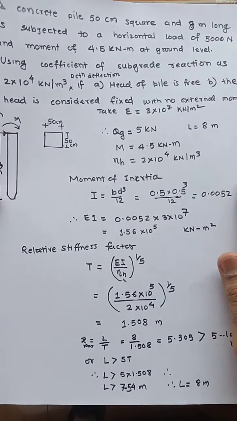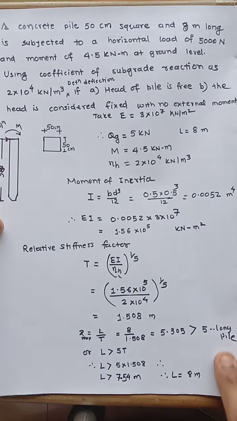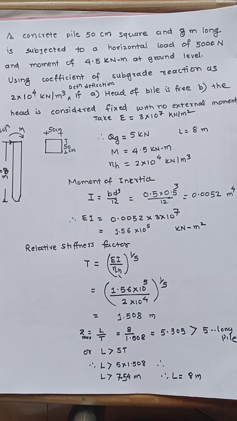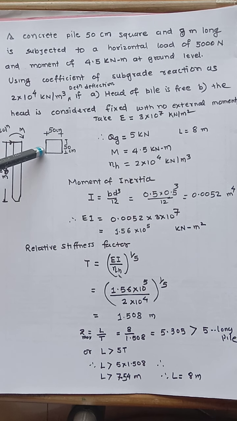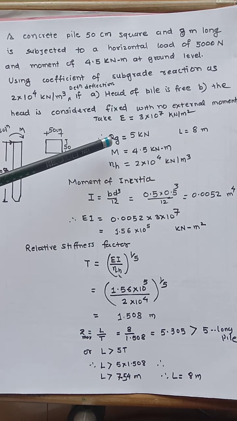Now let us solve some basic simple numerical initially. A concrete pile, 50 centimeters square in size and 8 meter long in total, is subjected to a horizontal load Qg of 5 kilonewton and an external moment of 4.5 kilonewton meter at the top or ground level.